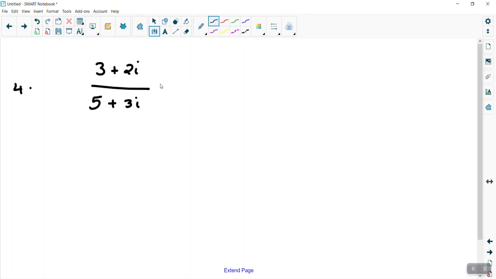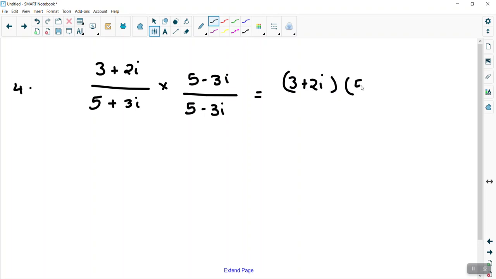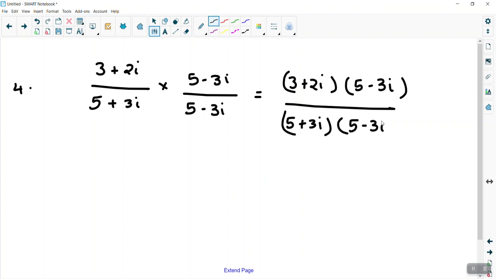To do this, what we do is again multiply up and down with the complex conjugate, which happens to be 5 minus 3i over 5 minus 3i, which gives us 3 plus 2i in one bracket and 5 minus 3i over 5 plus 3i, and in another bracket 5 minus 3i.